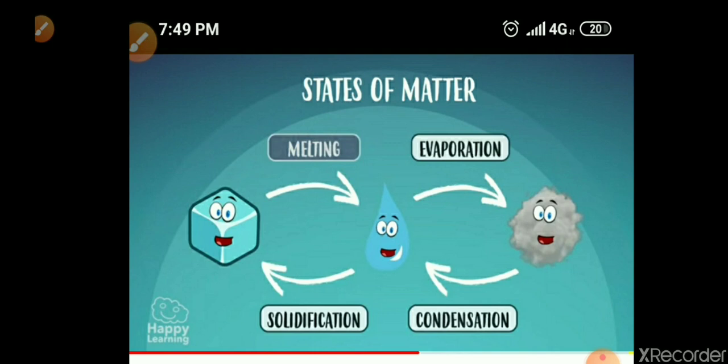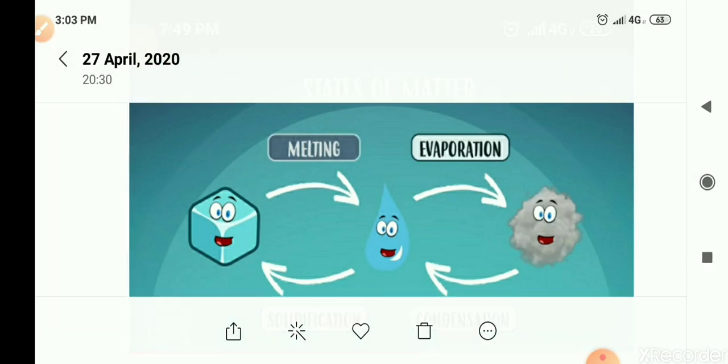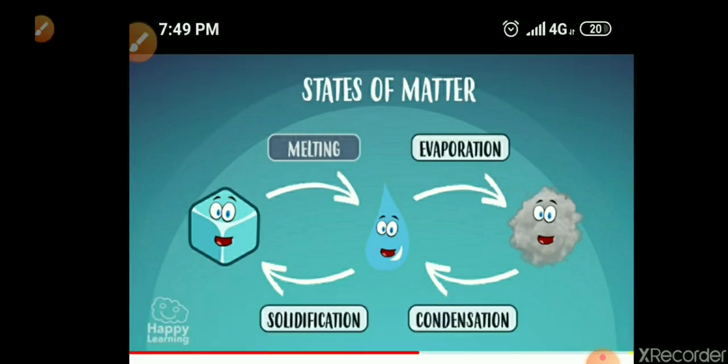When the freely flowing particles of water vapor come in contact with a cold surface, they change into water drops again and the process is known as condensation. Similarly, when water gets a very low temperature, it changes back into its solid state and the process is known as solidification. So this is how the change of states of matter takes place, either by heating or by cooling.